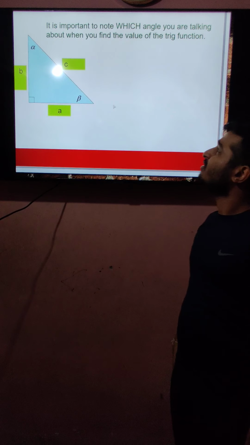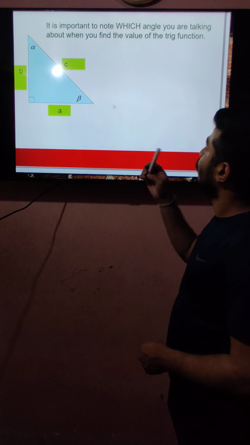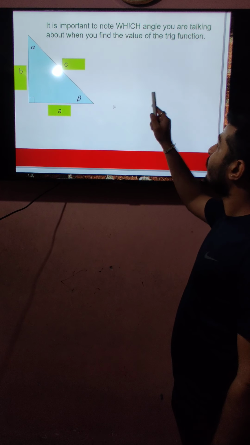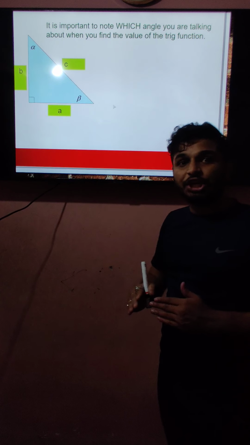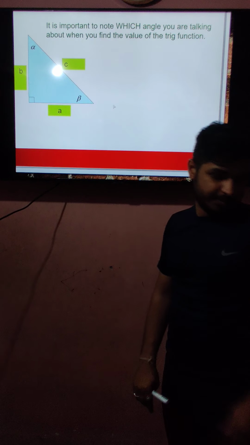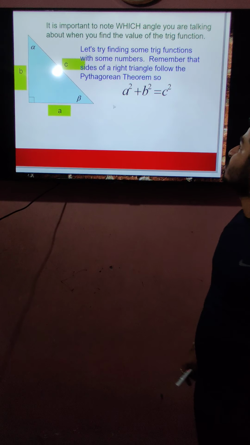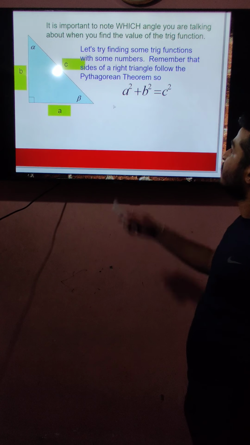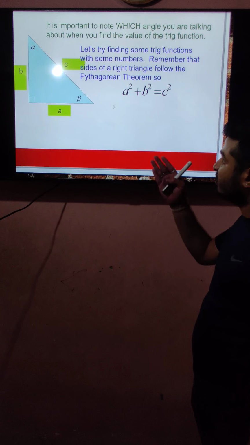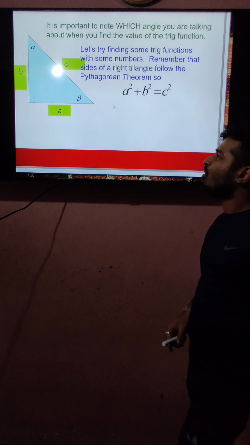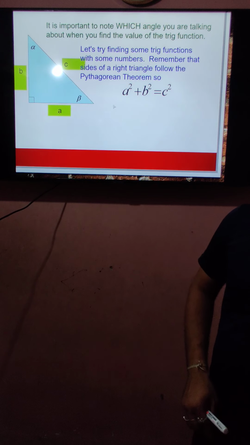Now it is very important to note which angle you are talking about when you find the value of a trigonometric function. So let's try some trigonometric functions with some numbers. Remember that the sides of the right angle triangle follow the Pythagoras theorem. You know about the Pythagoras theorem?